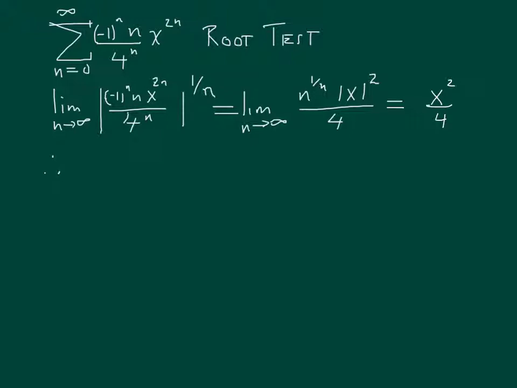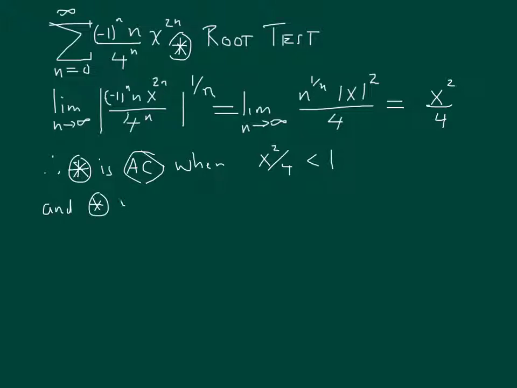Therefore, what we know from the root test is that our series, which I'm going to label as star, is absolutely convergent when x squared over 4 is less than 1, and star is divergent when x squared over 4 is bigger than 1.